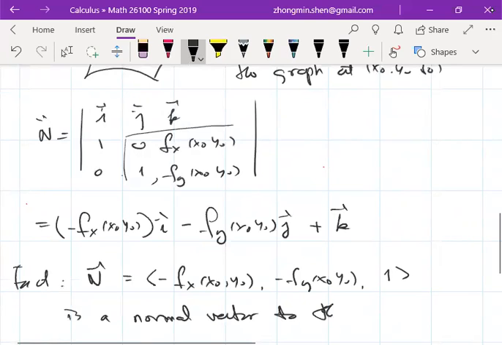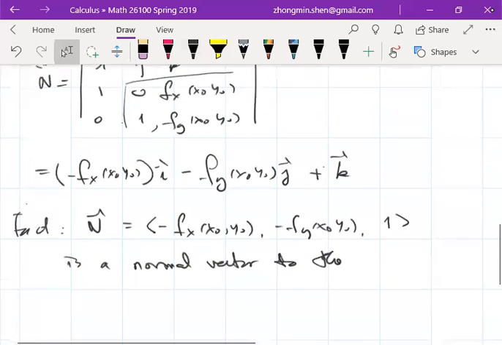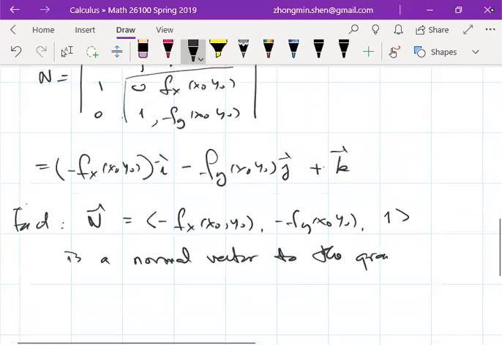Once you get a normal vector, you can get the equation for the tangent plane. It is a normal vector to the graph of f at this point, where of course z naught is determined by this equation.